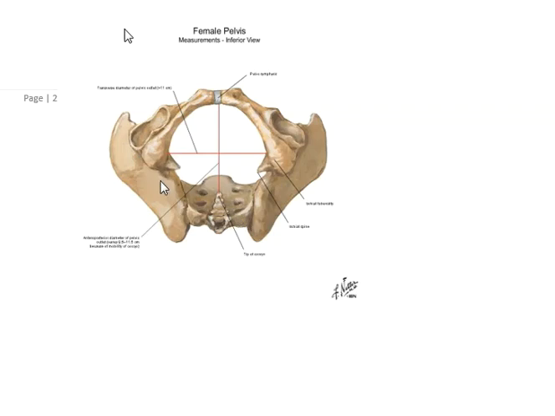Please pay attention to this line. It divides this diamond into two triangles, anterior triangle and posterior triangle.